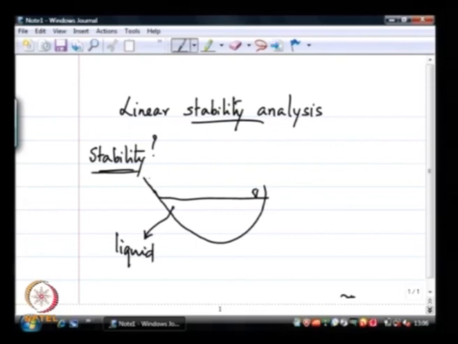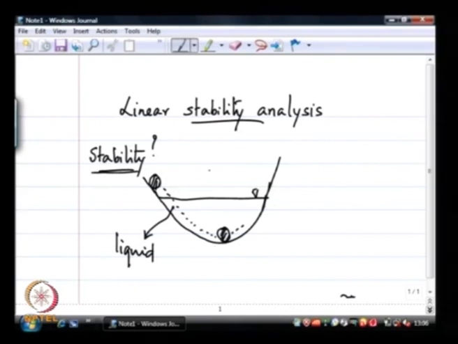We all know from common observation that if I leave a ball on the side of this trough, this is going to roll down, maybe even overshoot a little bit, but eventually it will come to rest right at the bottom.